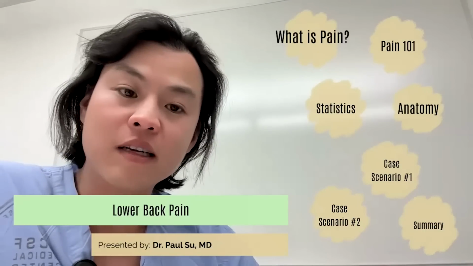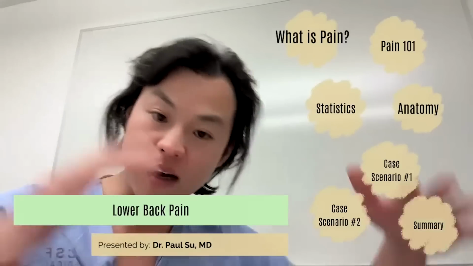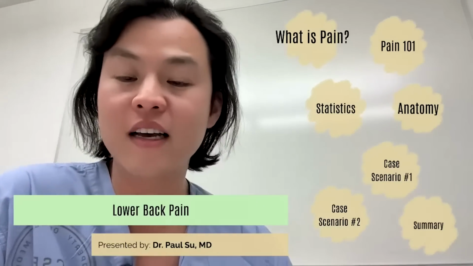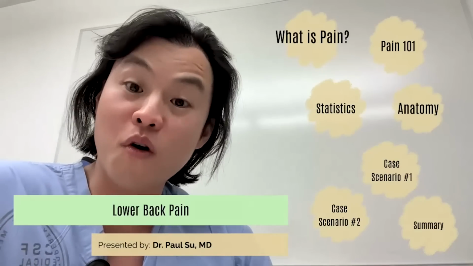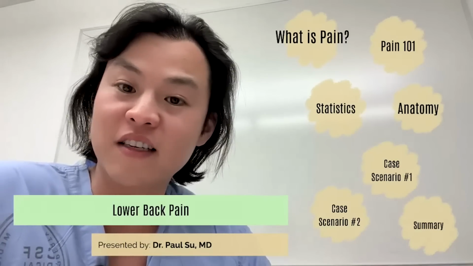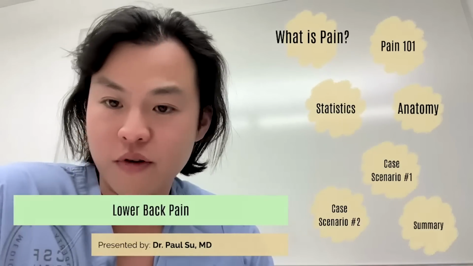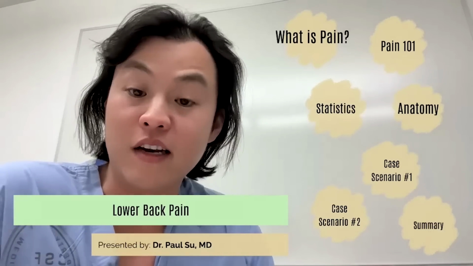So lower back pain is actually a really, really broad category. It's almost like a catch-all category for pain that's in the lower back. And now that we know so much more about the mechanisms of possible pain generators, we can start to appreciate that there are lots of different ways that pain can occur.